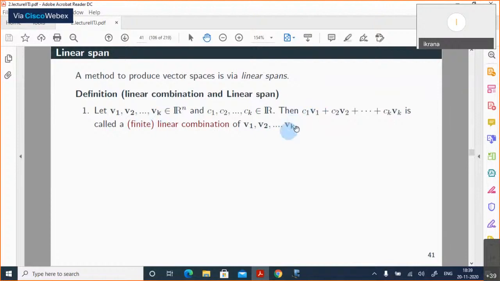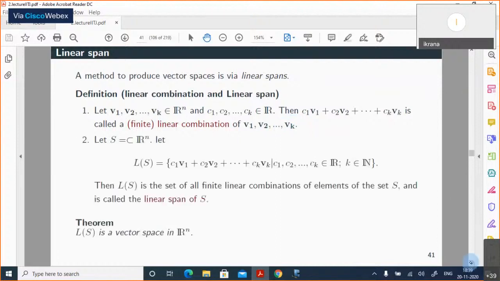And all such linear combinations put together give you a set which is called LS, the linear span of the set S. You take any set S in Rn, and the linear span of it is the set of all finite linear combinations of elements of S. So what is the set S here?